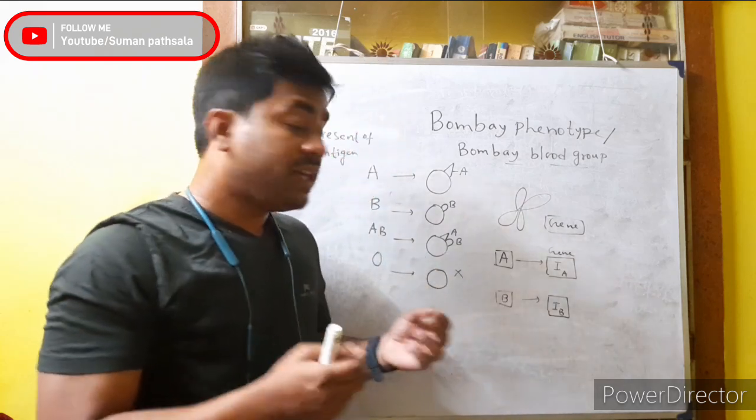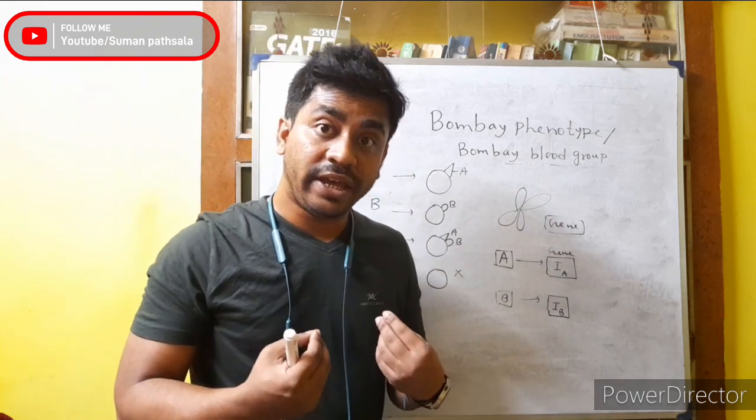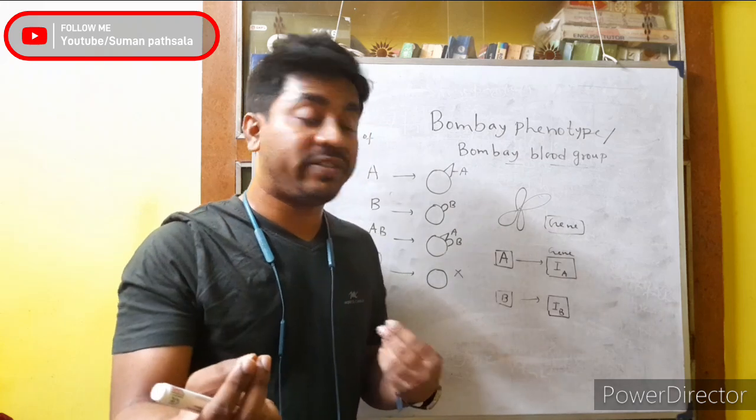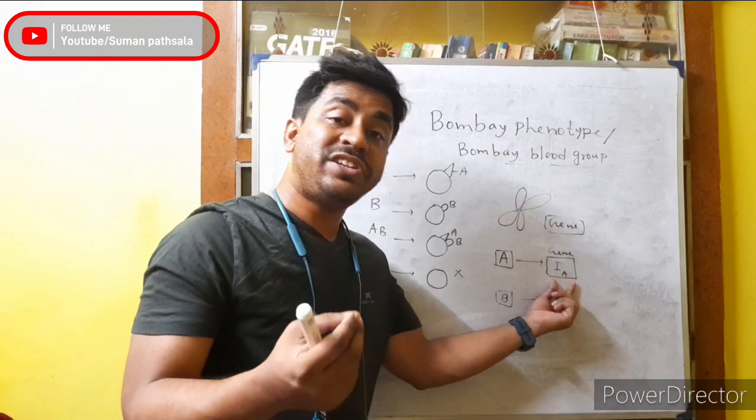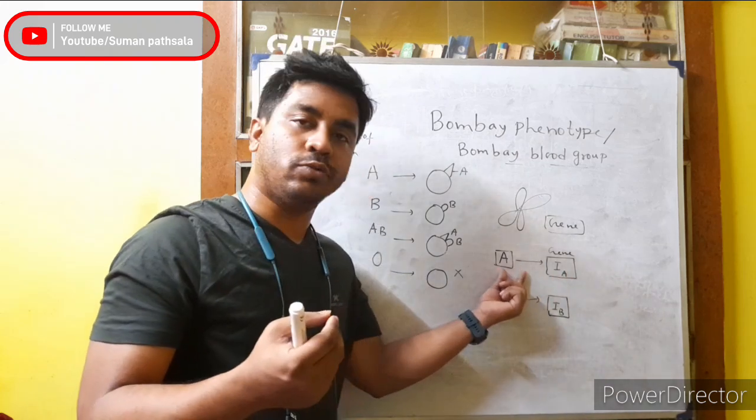So here, if our blood group is A, there is a gene present called the IA gene, which is responsible for the A blood group.